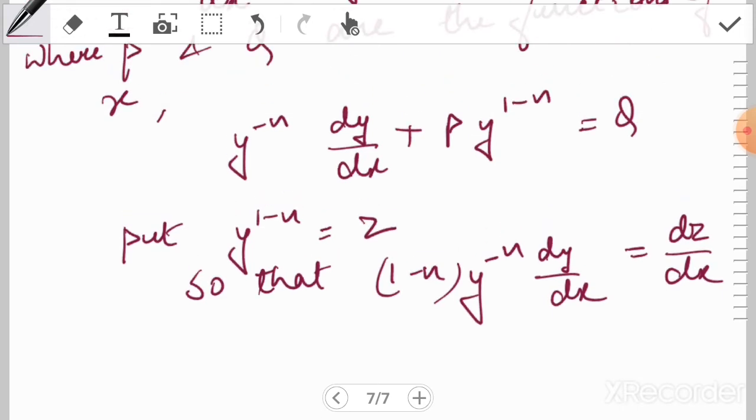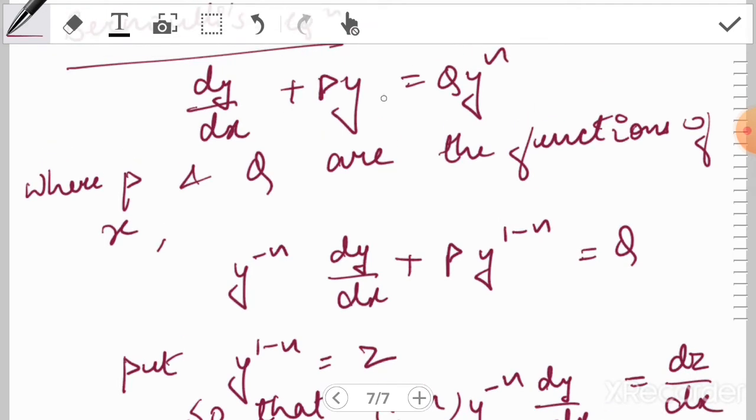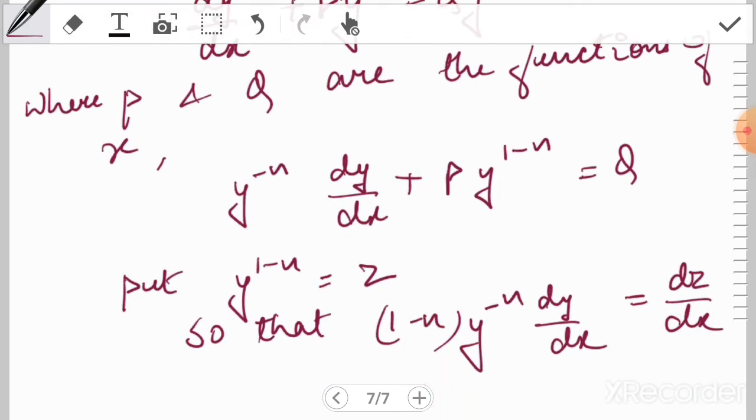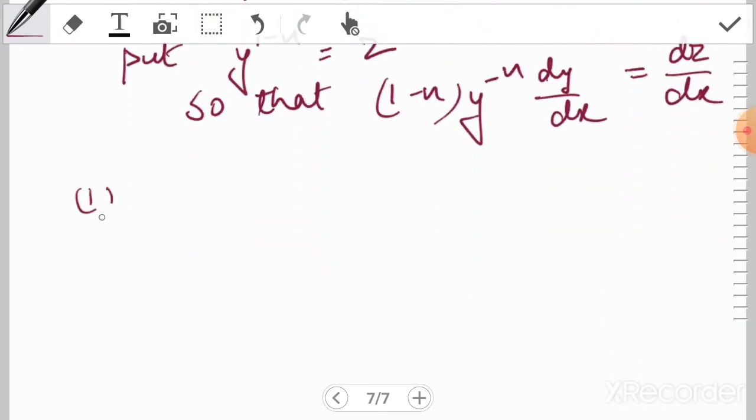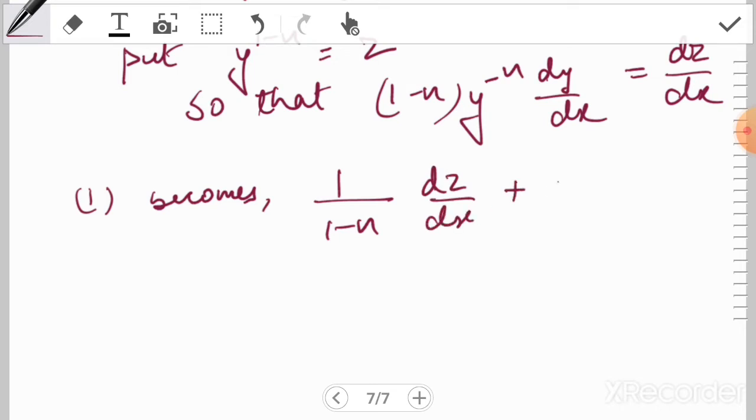Now the equation becomes 1 by 1 minus n dz by dx plus pz equals q.